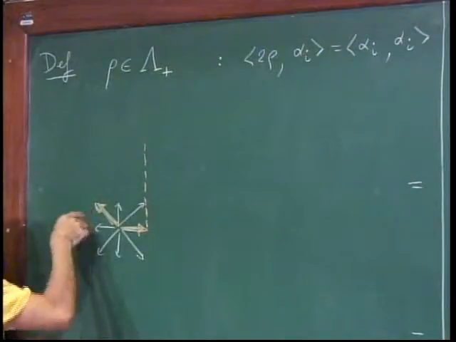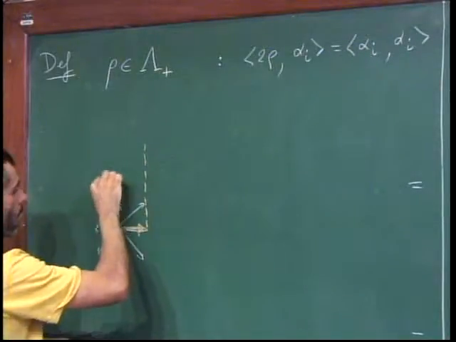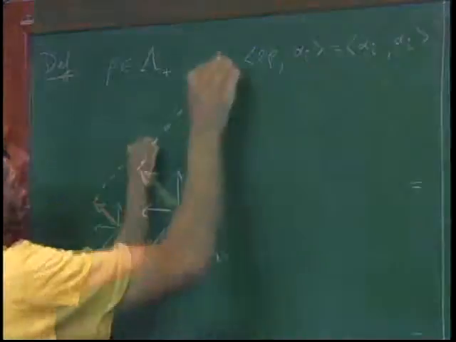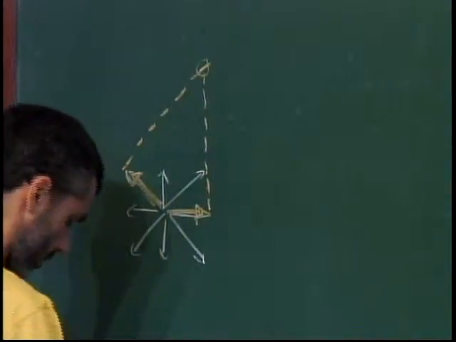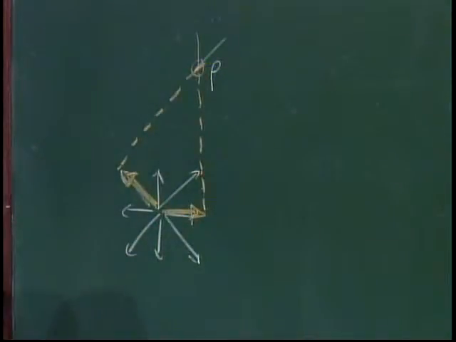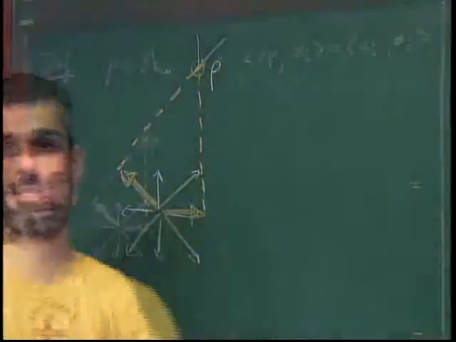And draw a perpendicular onto that vector. And where they meet, that's this element rho. That's what this equation means geometrically.